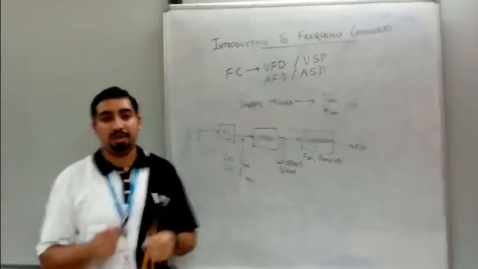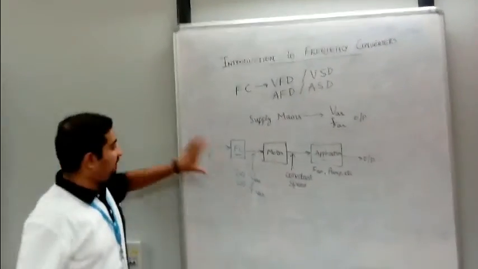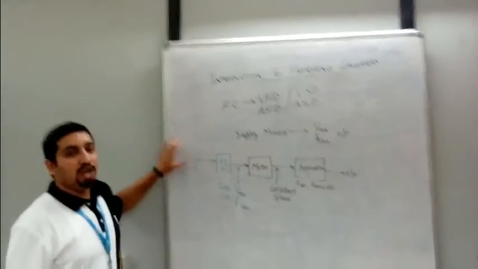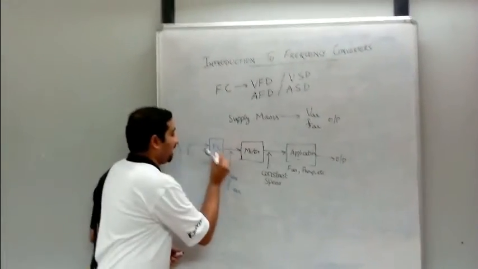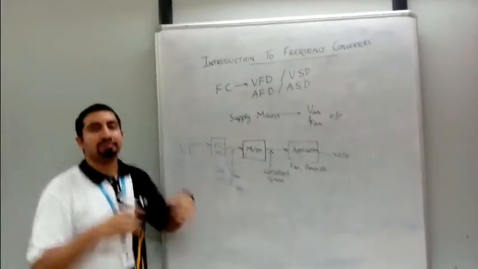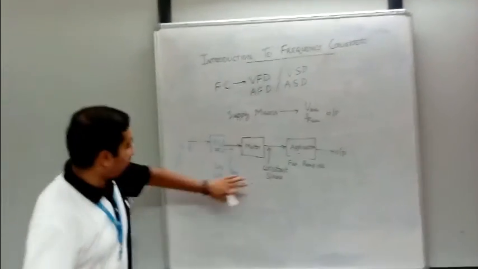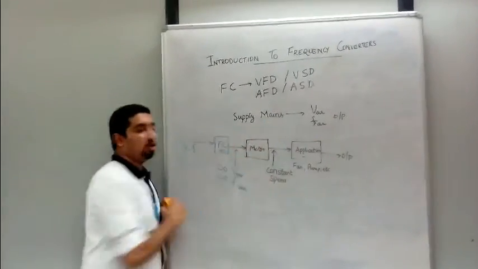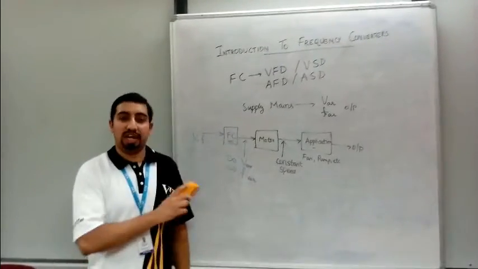Therefore, this becomes a control system where we don't have to deal with input voltage changes or changing input frequency, but we only deal with the change in parameters of the frequency converter. And since a frequency converter is a device, it is very simple to change the parameters with no problems. So this entire scenario is why a frequency converter is very necessary and is widely used in every industry.